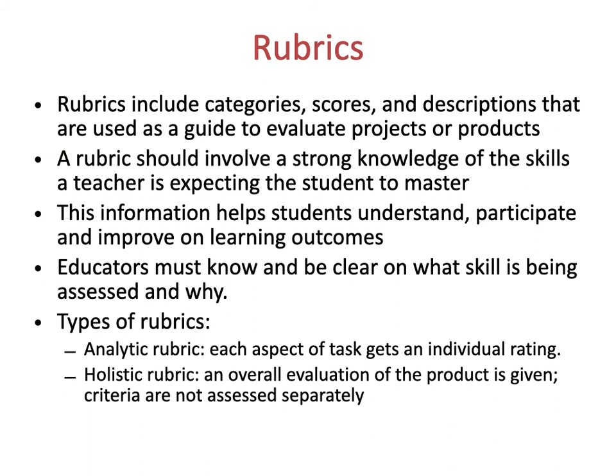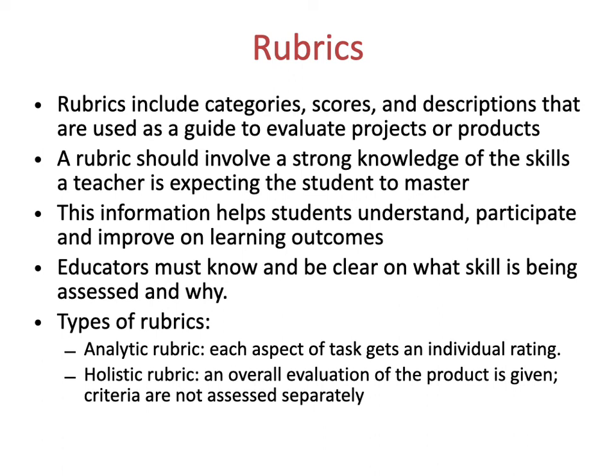There are several systems an observer can use. First one is rubric. Rubrics include categories, scores, and descriptions that are used as a guide to evaluate products or projects. A rubric should involve a strong knowledge of the skills a teacher is expecting the student to master, and it has 2 different types.